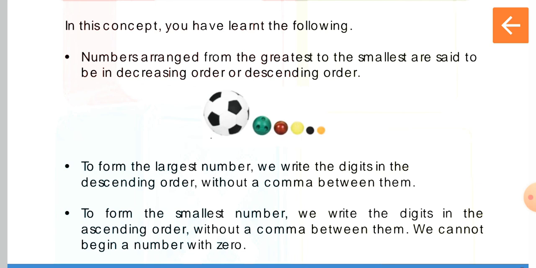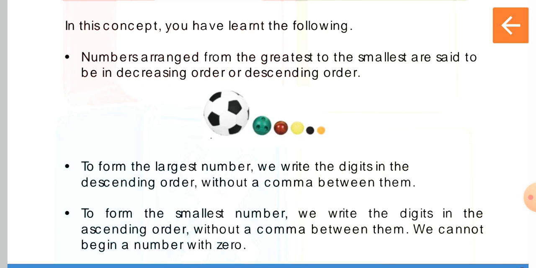Now, after that we learn to form the largest number, we write the digits in the descending order without a comma between them. That is, forming numbers from the given digits. Some digits will be given. You have to use those digits in such a way as to get a bigger number and a smaller number.